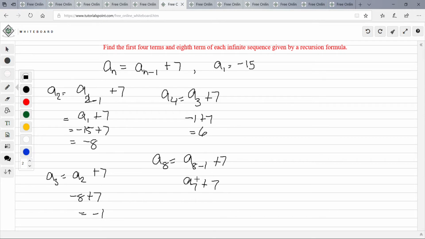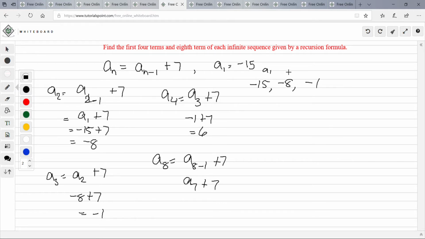We don't know what the 7th term is. So what we're going to do is check if it has a common difference. We know our first term is negative 15, second term is negative 8, third term is negative 1.